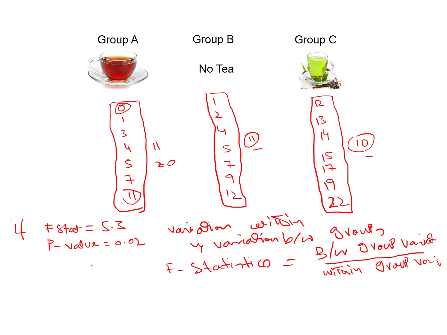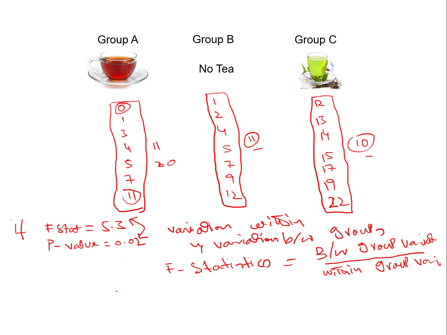So a high F ratio, which came from between group variation divided by within group variation, combined with a small p value means that the tea most likely does have an effect.